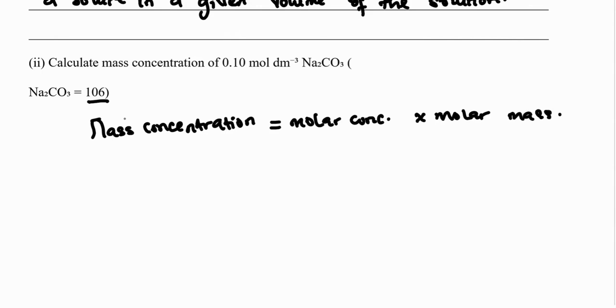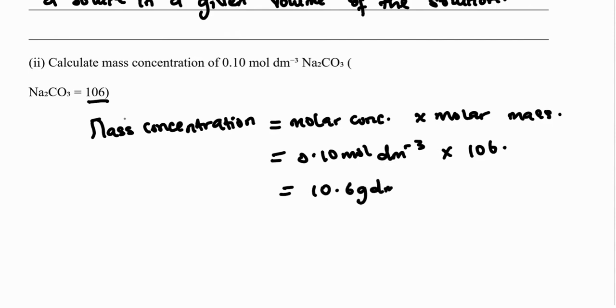So our molar concentration is the 0.10 moles per dm cube, and our molar mass is the 106. So when we multiply this, we have 10.6 gram per dm cube.